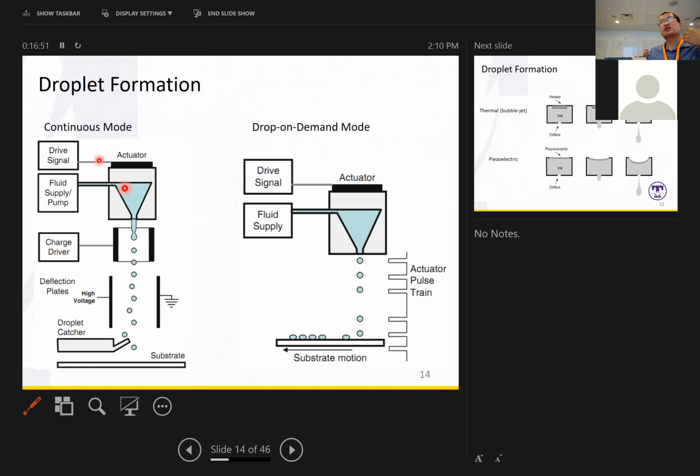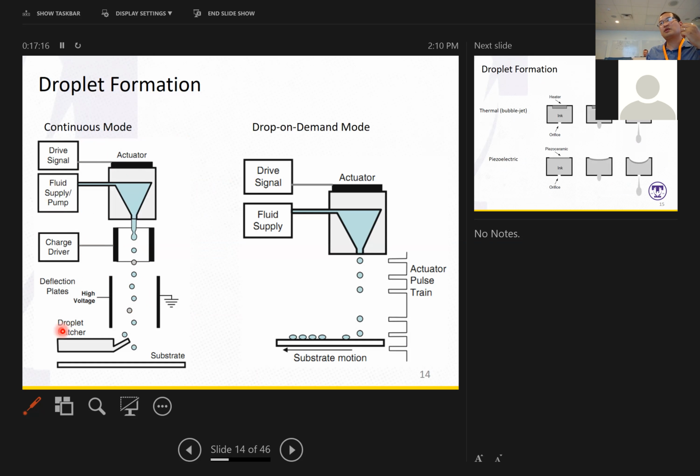So for the continuous mode, you have all these setups, right? Basically, the fluid supply or pump will pump those droplets, and these droplets will be charged through this charge driver. And then you have these deflection plates to guide the path of the droplet.